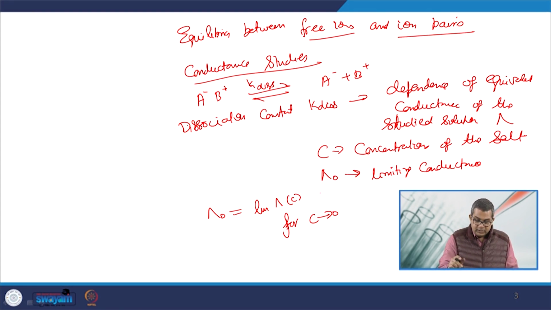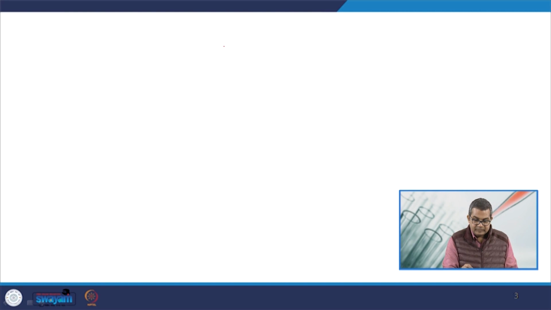The latter is needed in the calculation of K dissociation. The simplest procedure is attributed to Ostwald. This leads to the values of both constants, that is the limiting conductance and K dissociation.